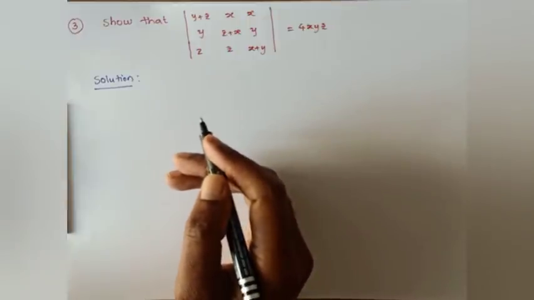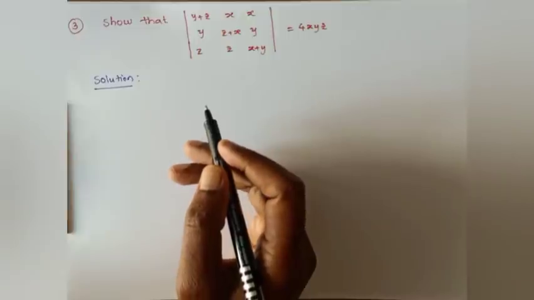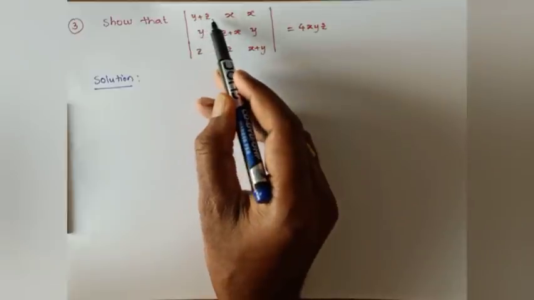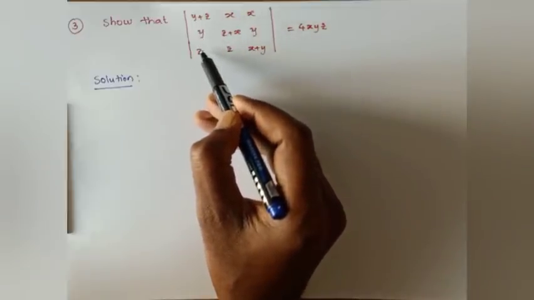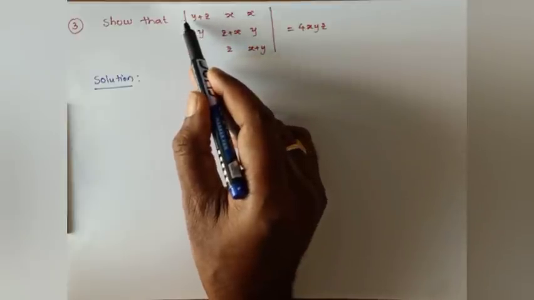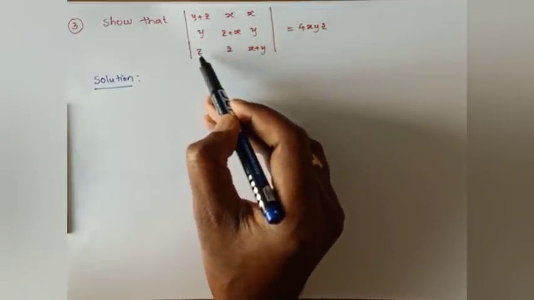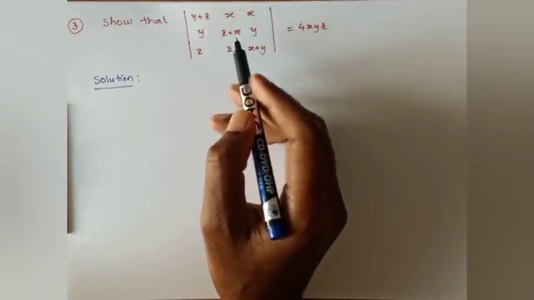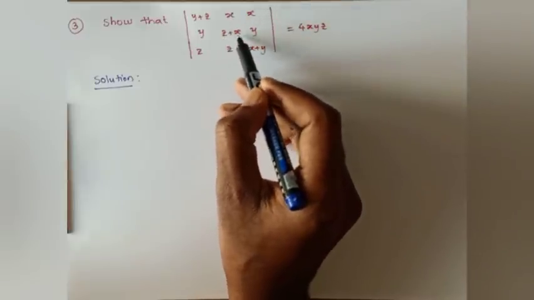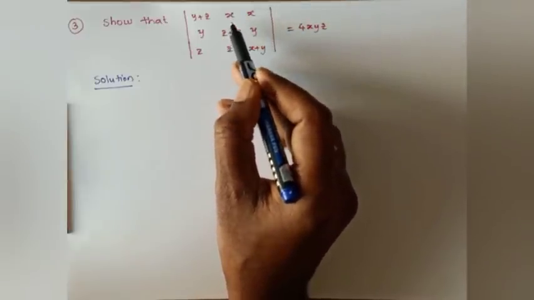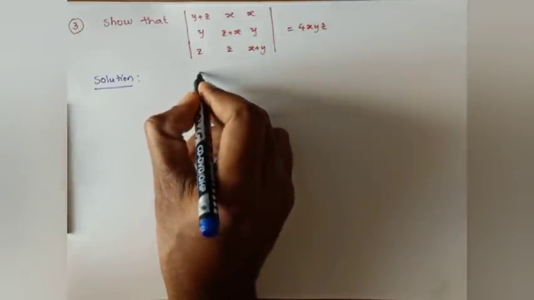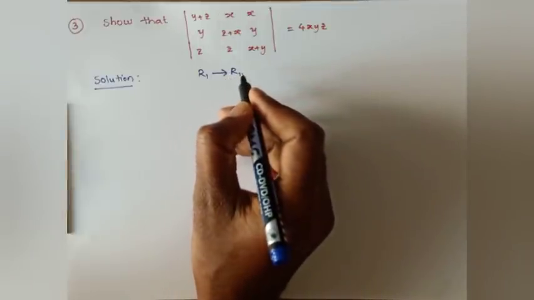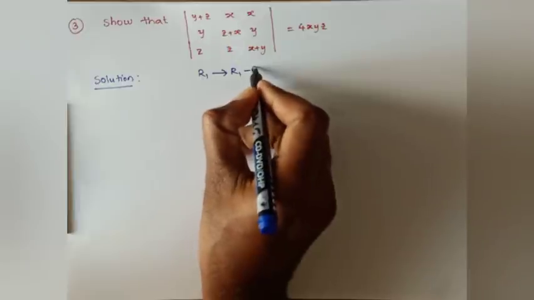Okay, so try to apply some row operations. Now see, here I'm applying, observe y plus z is there, here y and z is there. Now here row 1 minus row 2 minus row 3, then this element becomes 0, right? And in the same way x minus z minus x, minus z, x cancels. So here I'm applying one operation. So you may have a doubt, why do I need to apply this operation?